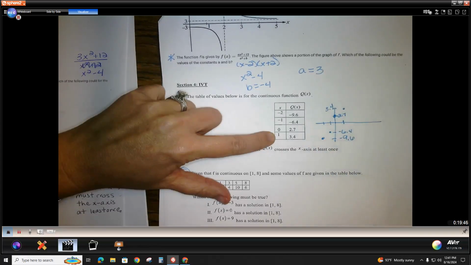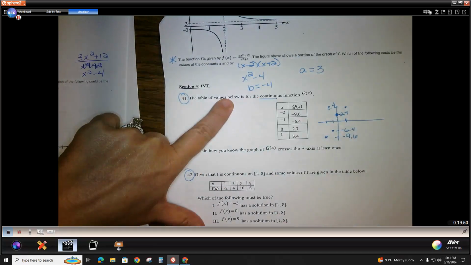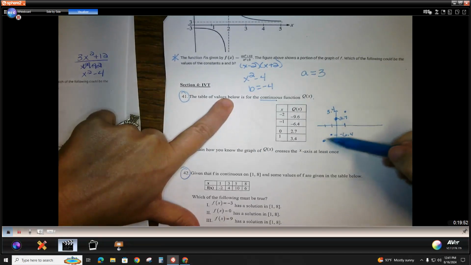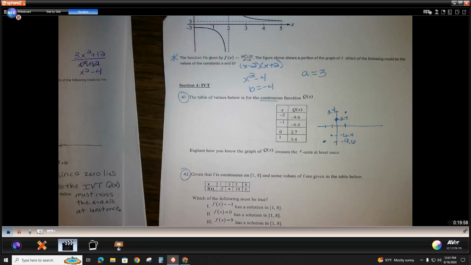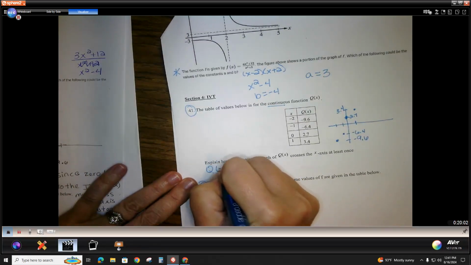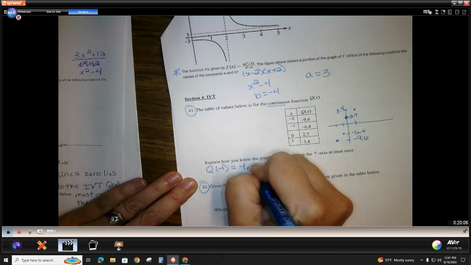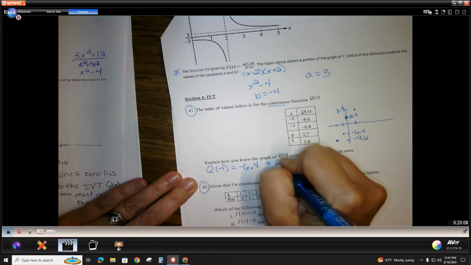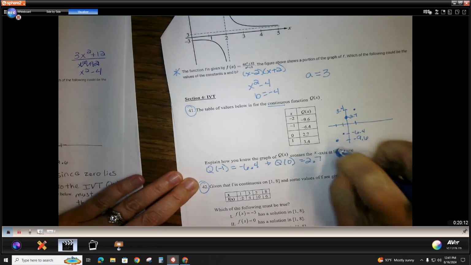Okay, I realize this is not to scale. I just wanted to show that if q of x is continuous, you can see it's got to cross somewhere in here because we've got negative values down here and positive up here. So how do we know? Because q of negative 1 is negative 6.4, and q of 0 is 2.7.